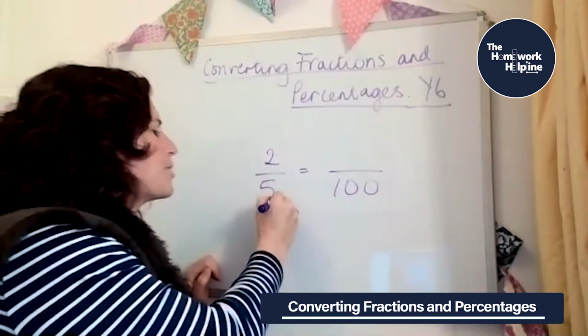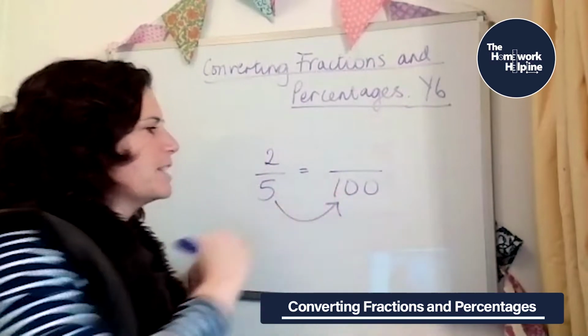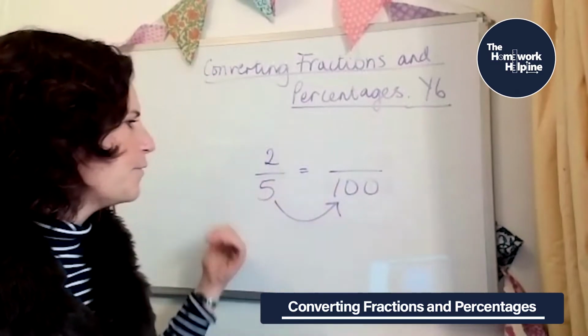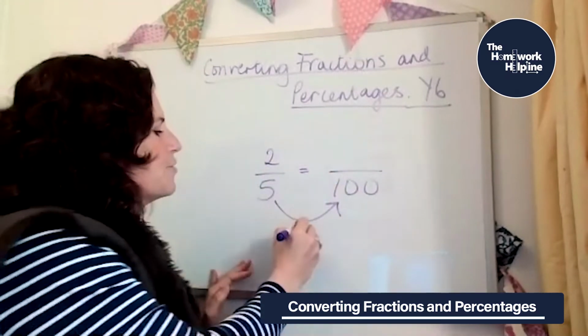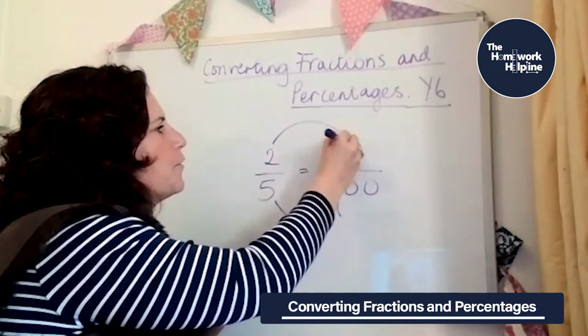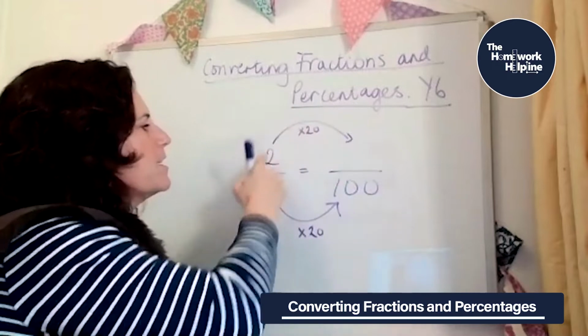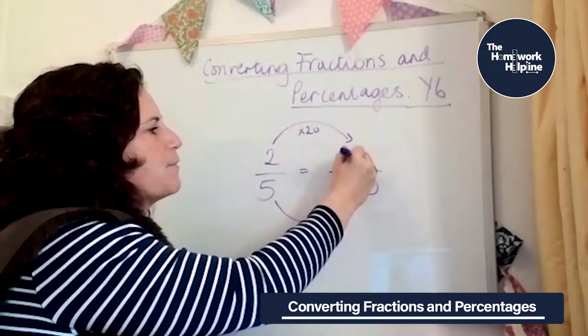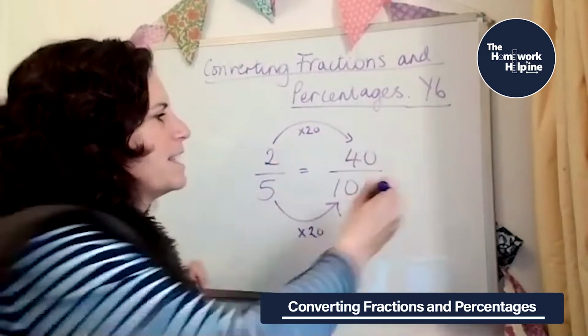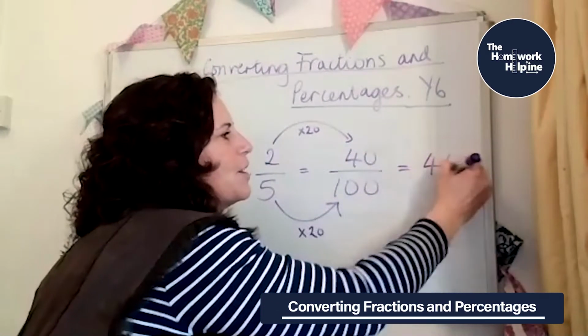So with equivalent fractions, what has happened to the 5 to turn it into 100? Well, 5 times 10 is 50, so 5 times 20 will be 100. So I've multiplied that by 20, and the 2 also needs to be multiplied by 20, so 2 times 20 is 40. Now I've got a fraction out of 100, I can turn that into a percentage: 40%.